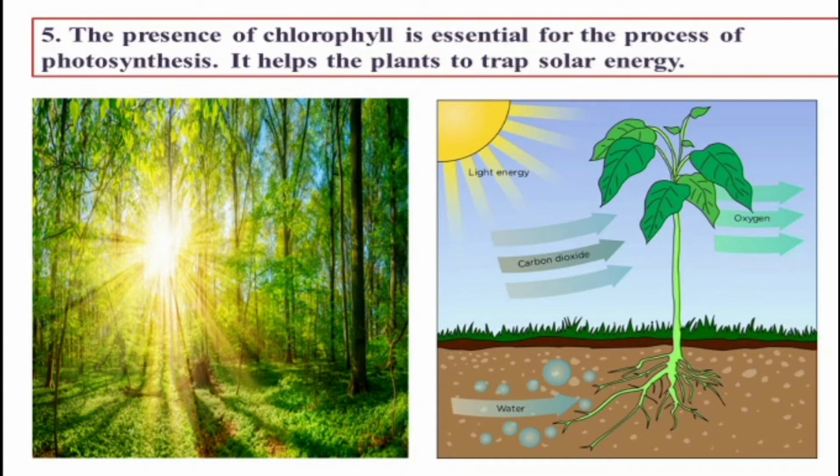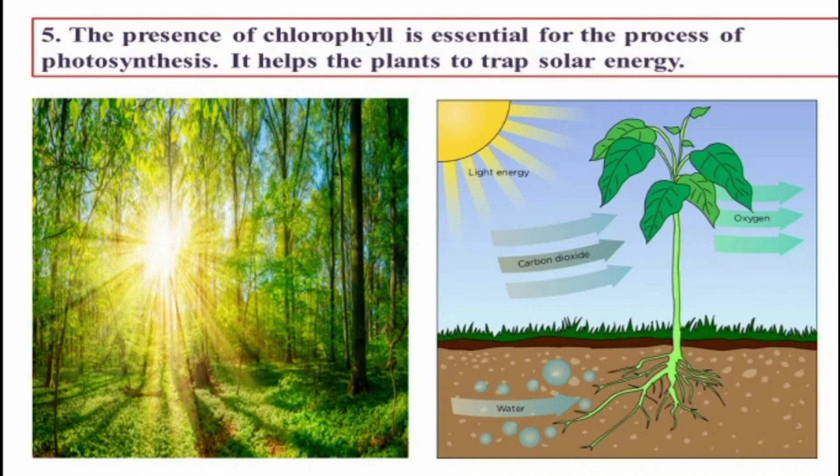The presence of chlorophyll is essential for the process of photosynthesis. It helps the plant to trap solar energy. So water, carbon dioxide and sunlight are present. And finally, the green color pigment chlorophyll traps the sunlight, the solar energy.